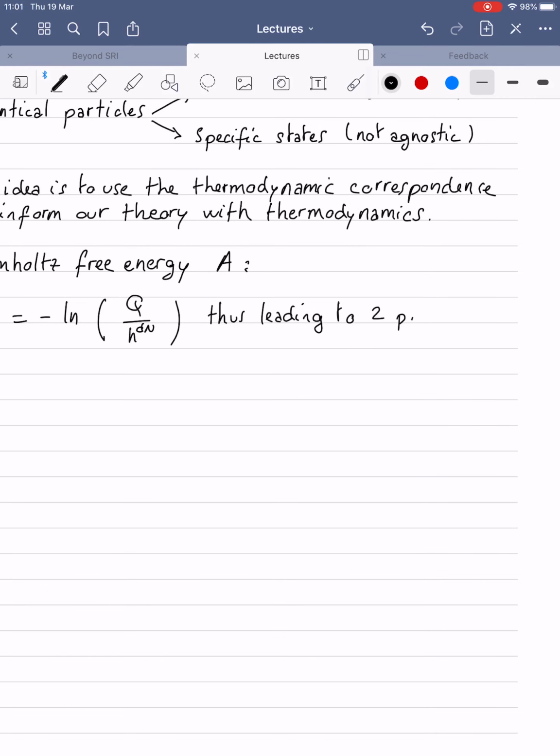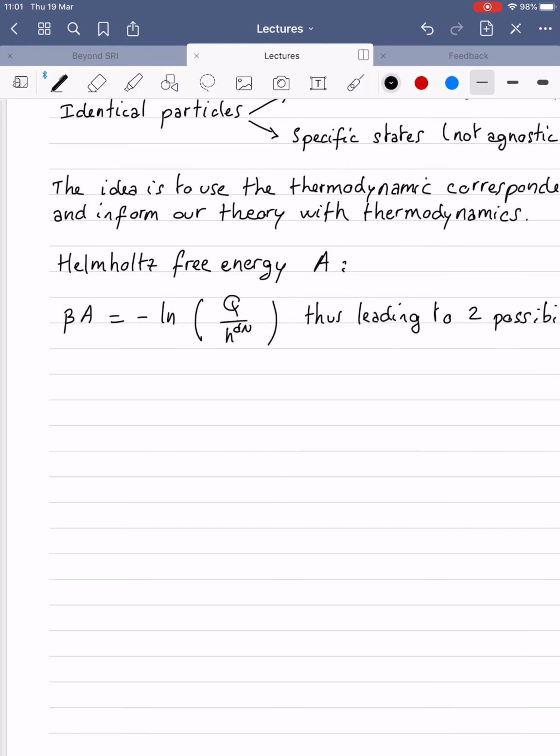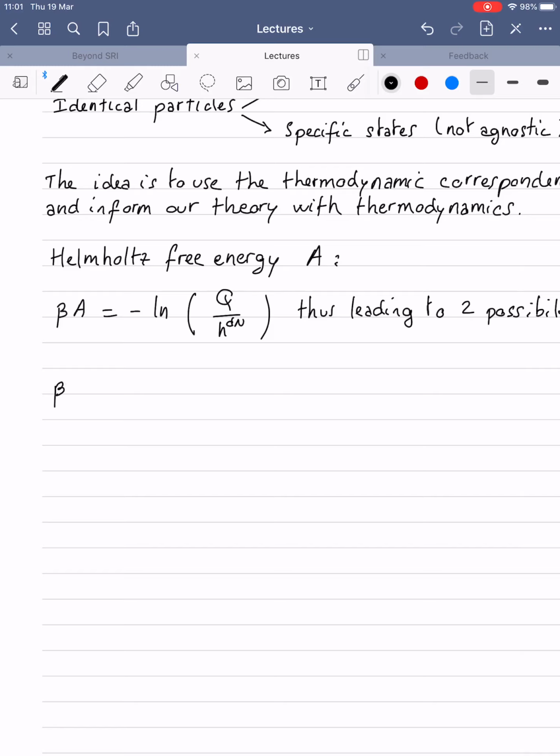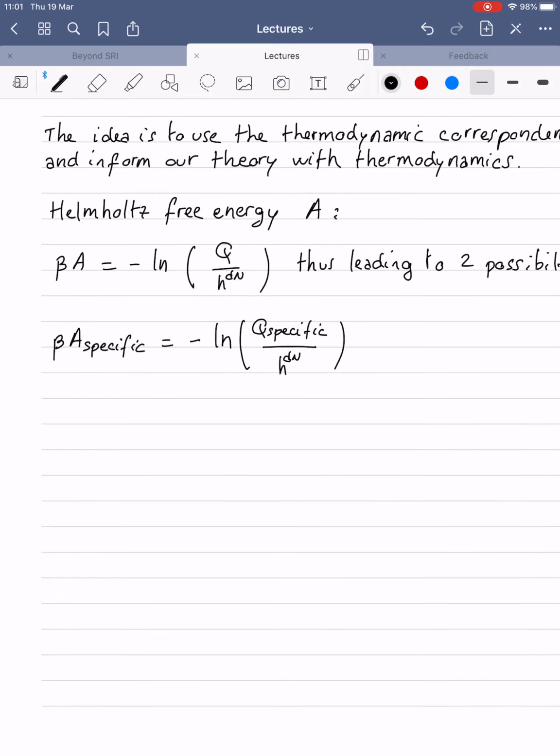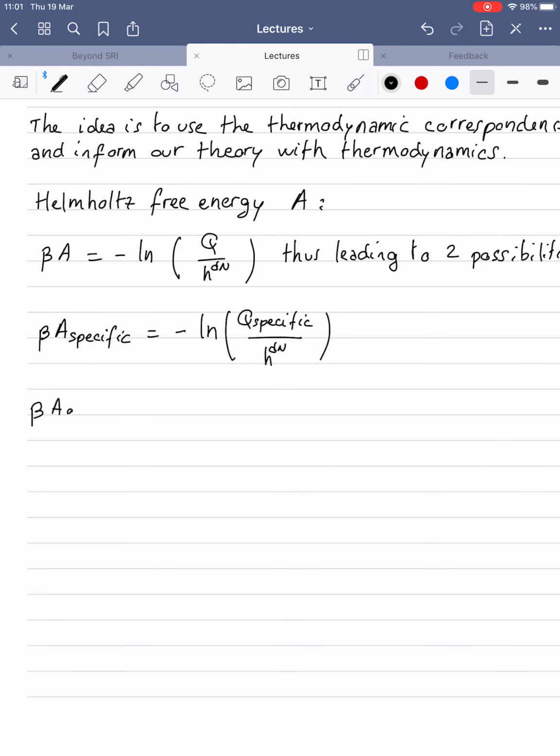The first one is beta A specific, which is minus the log of Q specific, the normal kind of Q, over h to the dN. And then we've got beta A generic, which would be minus the log of Q, so it's still the same integral over the whole phase space that we calculate, but then with N factorial h to the dN.